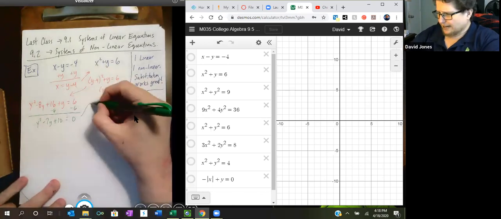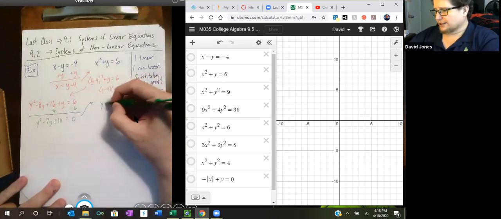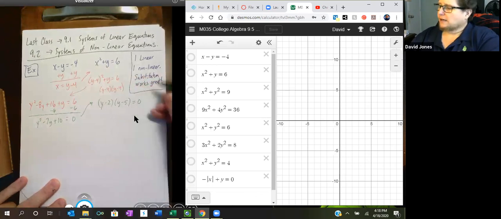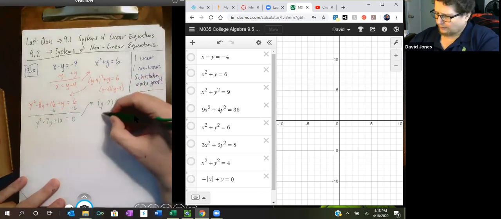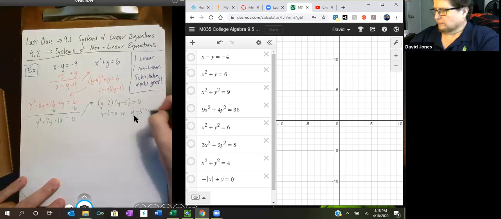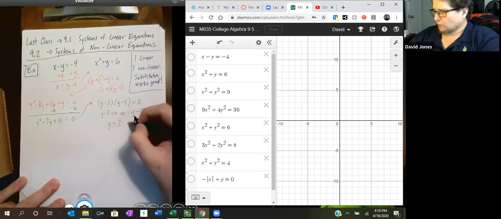You'll see this factors just nicely into y minus 2 and y minus 5. And we solve. We get y equals 2 or y equals 5.